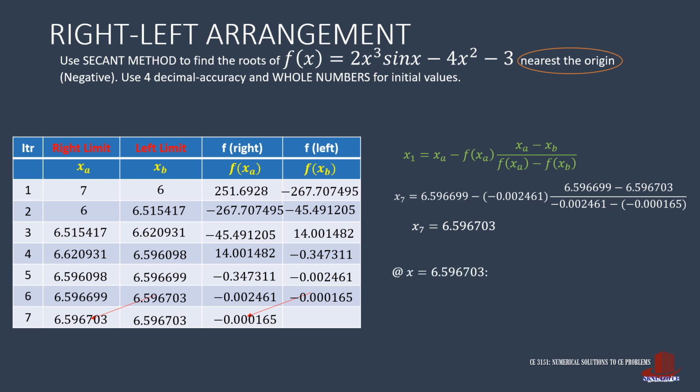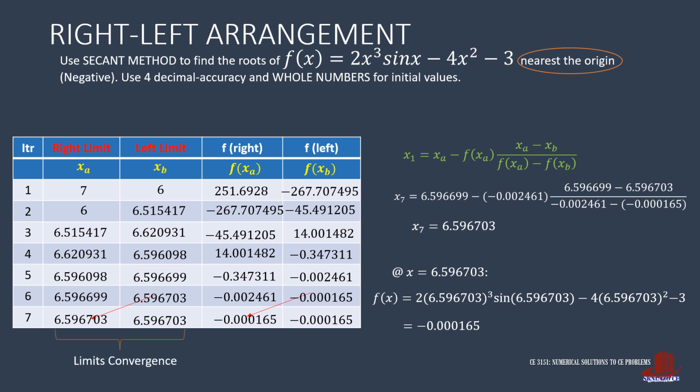Needless to say, the new function of xb is the same as the plugged value. The function is negative 0.000165. By completing the seventh iteration, we can see the convergence from columns 1 and 2. So we can say the root of the function is at x of 6.596703.